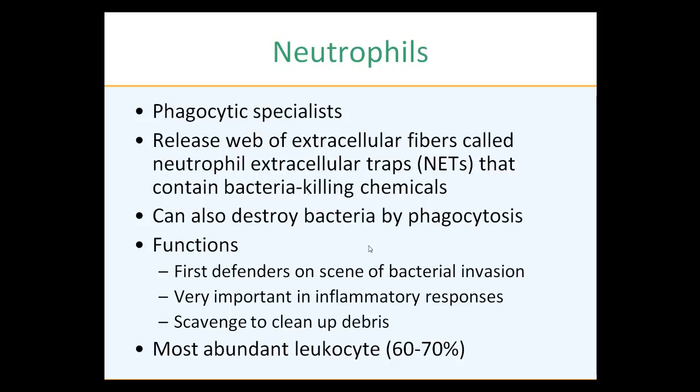They're attracted to them based on certain patterns, as we learned in innate immunity, and they can destroy bacteria by the process of phagocytosis, and they do other things as well. They are the first defenders. They're very important in the inflammatory response, and they clean up even dead tissues.